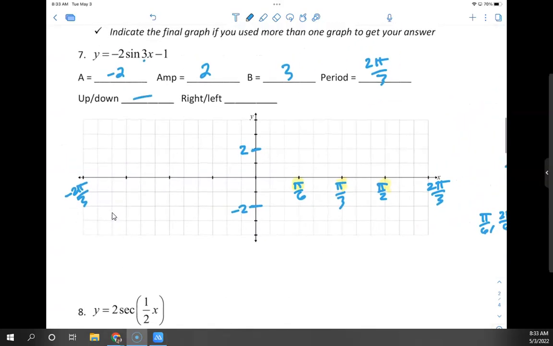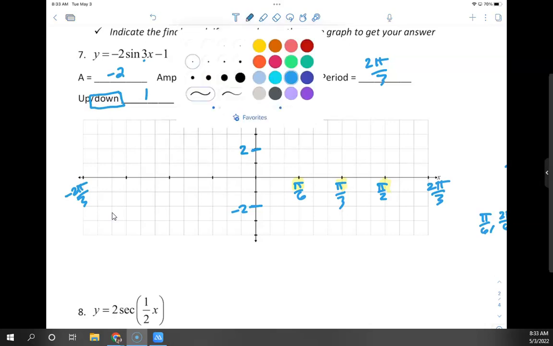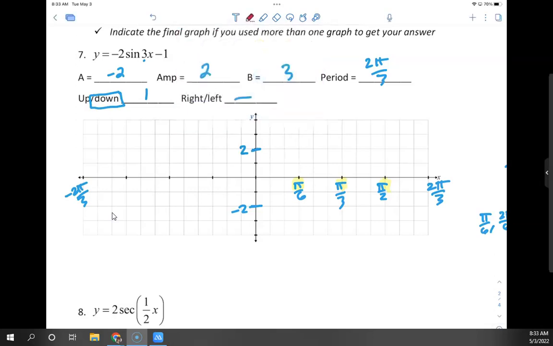This one does not have an up-down shift. Oh, no, it does. Sorry. It has a down 1. It does not have a left-right shift, okay? I'm going to draw the first one without the shift. Because it's sine, it starts at 0, goes to -2.